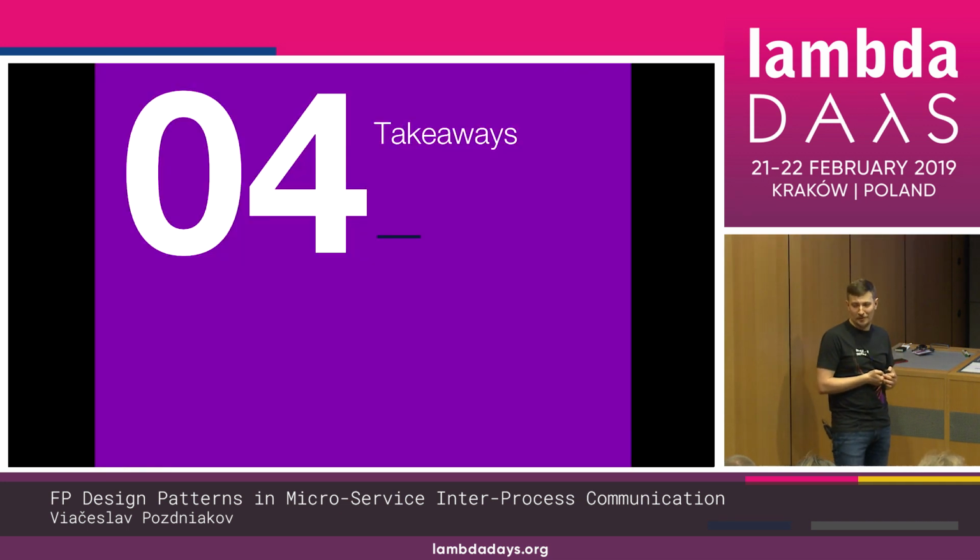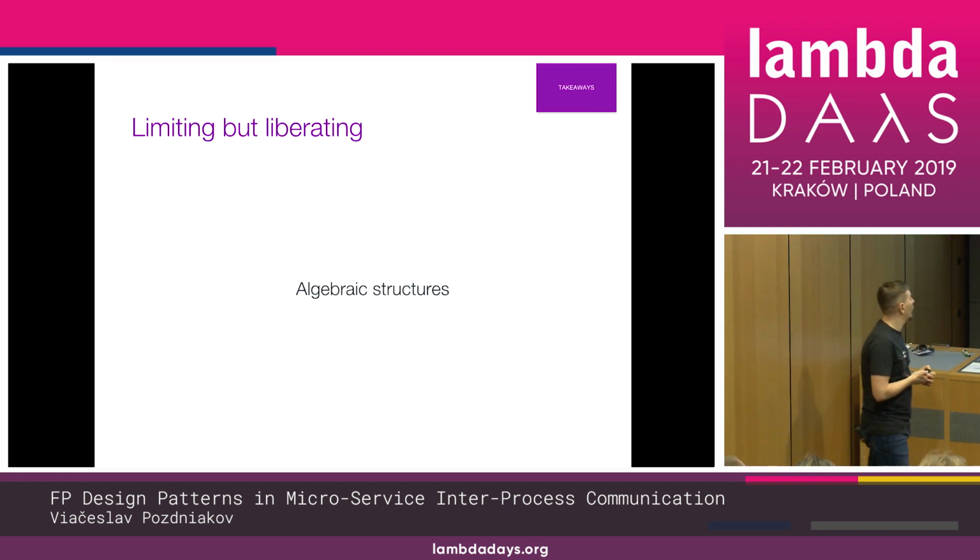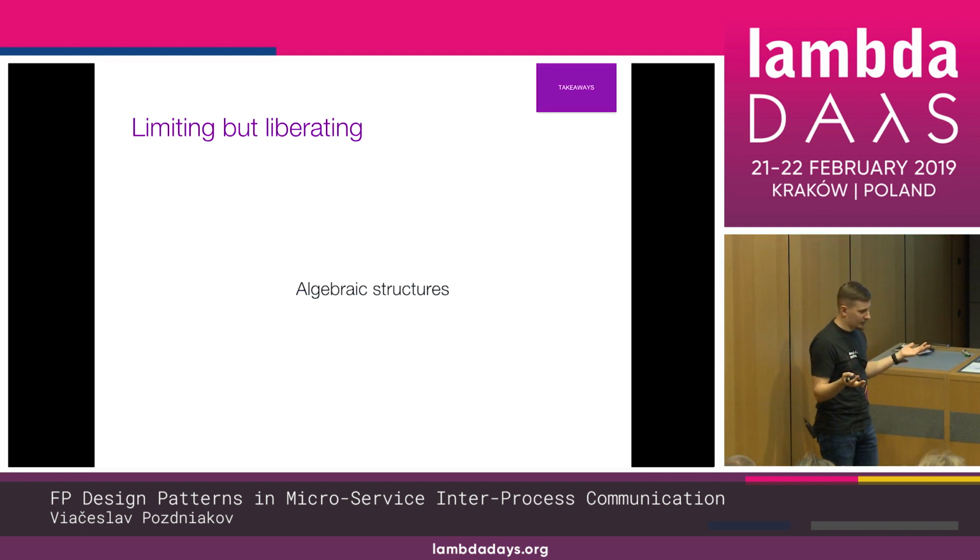So the main takeaways of this talk. First of all, it's obvious: just use algebraic structures. They're really nice. They are correct building blocks for building asynchronous distributed systems. But the message here is that you don't really need to name them.